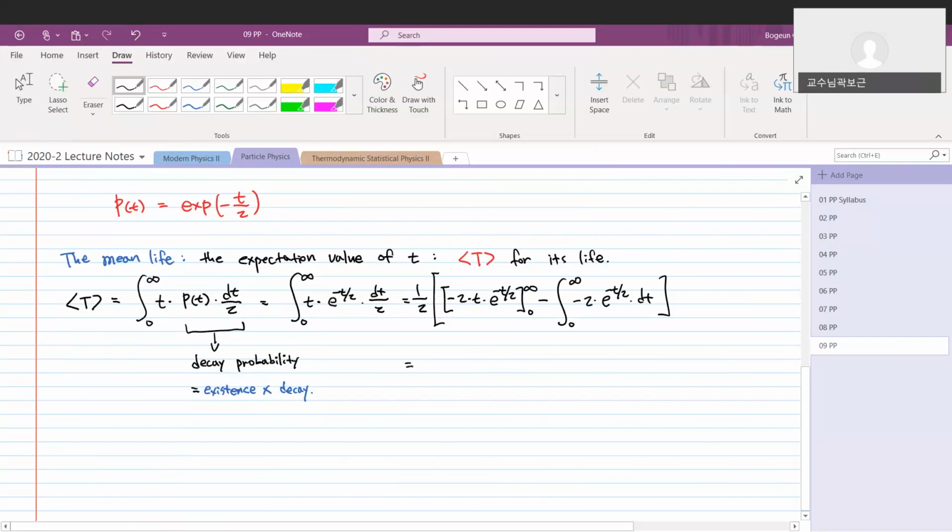Then the first term, for t equal 0, it should be 0. So it is 0 for infinity and 0 for t. So the first term should be 0.